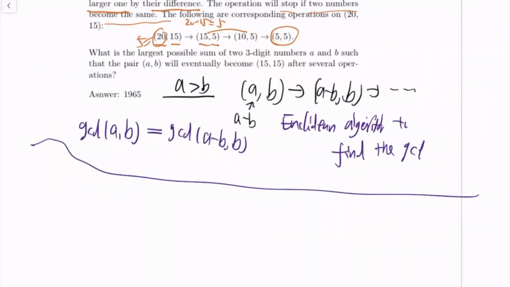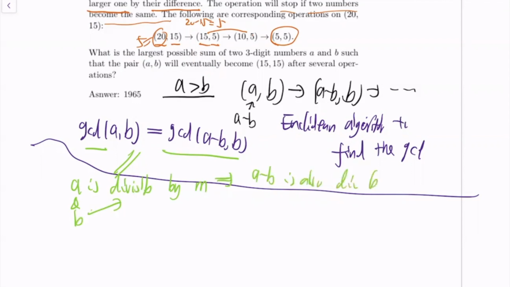You may ask, why is that? That's because suppose A and B are both divisible by n, then A minus B is also divisible by n. And vice versa. If you know A minus B and B are divisible by n, you can go back: just add them together, and A will also be divisible by n.